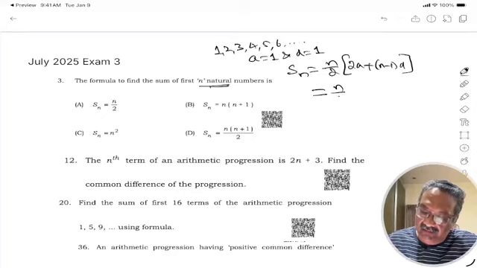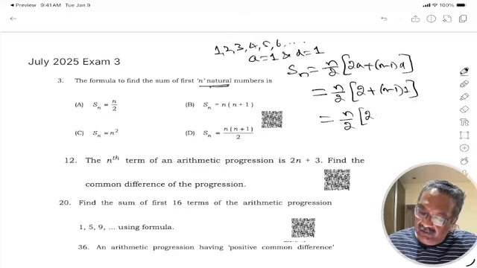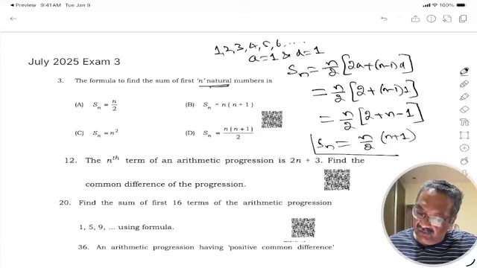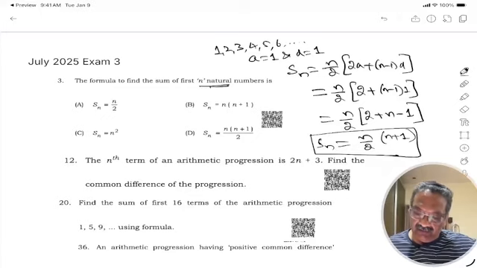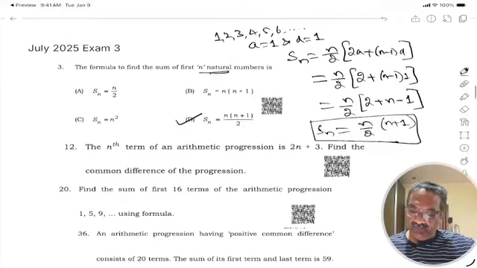So n by 2 into 2 plus n minus 1, which gives n by 2 into n plus 1. So the sum Sn is equal to n by 2 into n plus 1. So the answer is n by 2 into n plus 1.